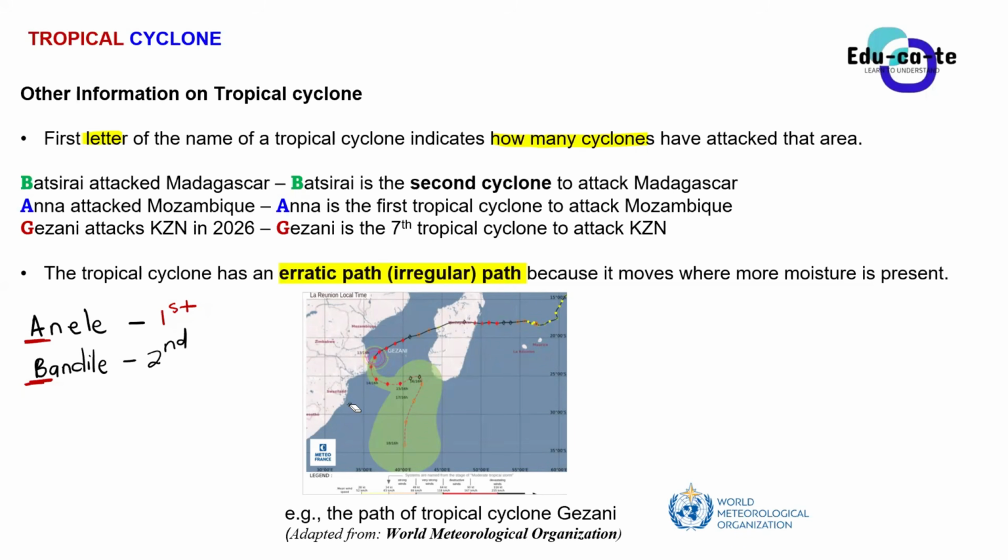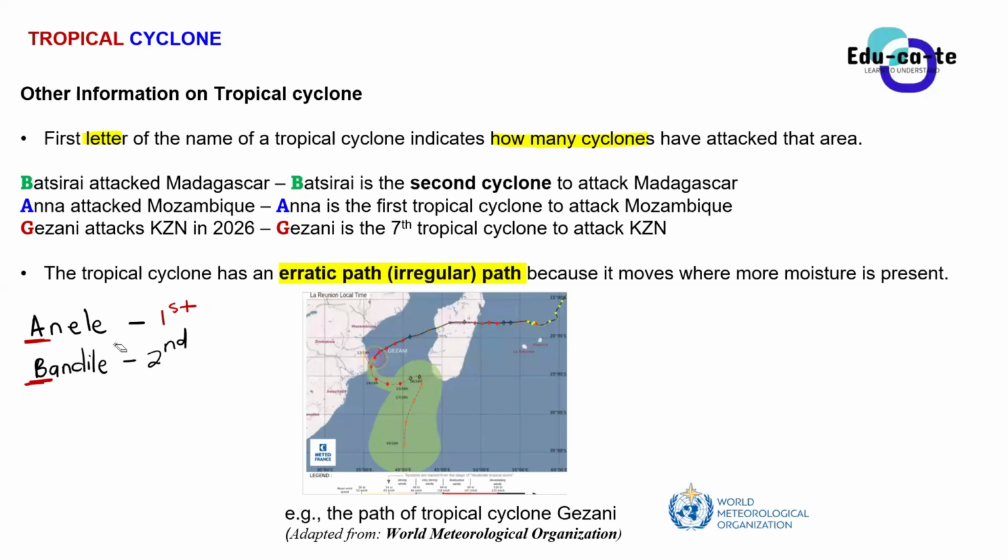When we have an alert from the news that a tropical cyclone is coming, this report comes from specialists who analyze the path of the tropical cyclone, where it is expected to move.